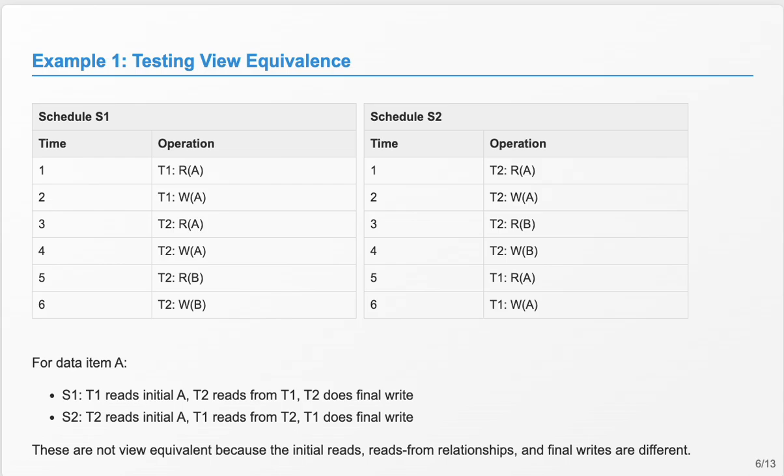Let's analyze the data item A, and then we'll look at B. In S1, T1 reads the initial value of A, then T2 reads the value written by T1, and then T2 performs the final write on A. In the other schedule S2, T2 reads the initial value, T1 reads the value written by T2, and then T1 performs the final write.